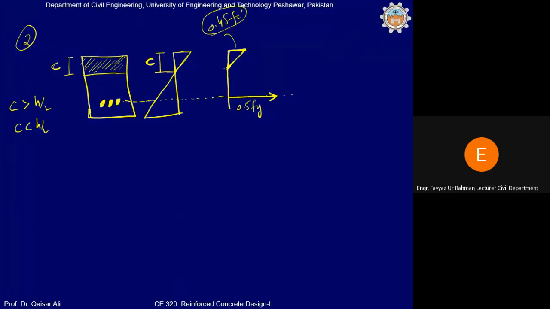So we can calculate the compression force and tensile force using the same relation. Now this compression force is denoted by capital C because the depth of neutral axis is also denoted by c.